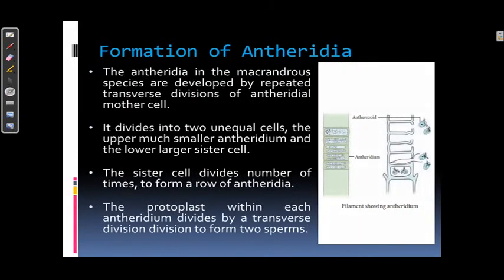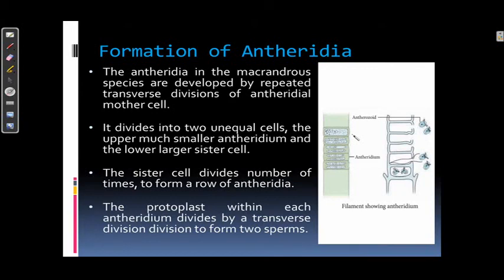Then how are antheridia formed? Just take a brief note about this. One cell behaves as an antheridial mother cell that divides into 2 unequal cells. The upper cell is smaller in size and behaves as antheridium, while the lower cell is larger in size and behaves as a sister cell.